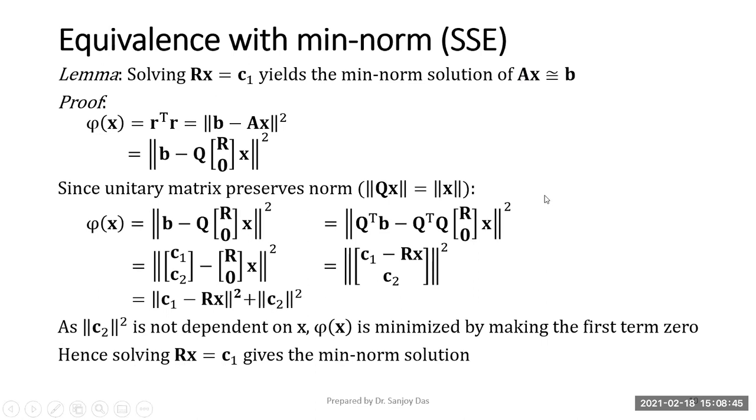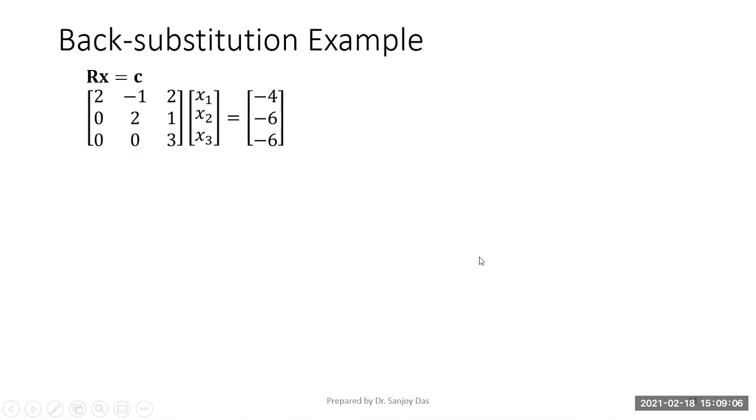Why is that? First of all, I've told you in the past that inverting a lower triangular or upper triangular matrix requires an algorithm that has a lower complexity than an algorithm that would invert any arbitrary matrix. But here's back substitution. This is how you solve.